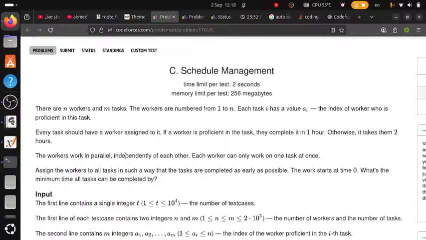So this is going to be the best guy for that task. So every task should have a worker assigned to it.